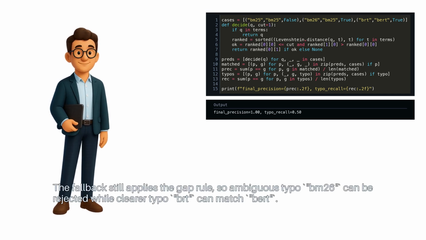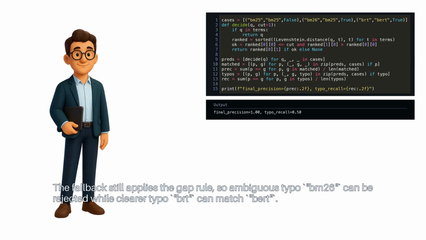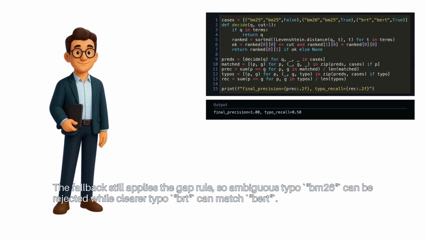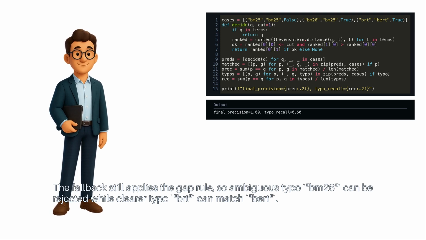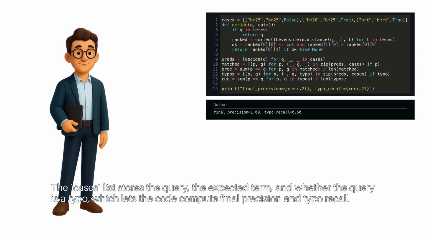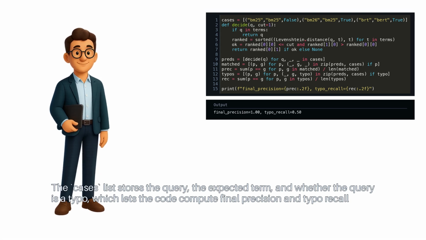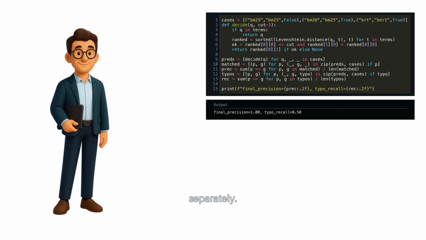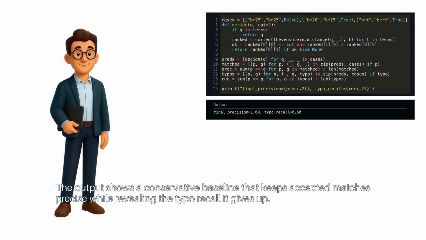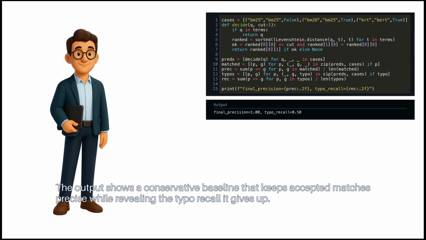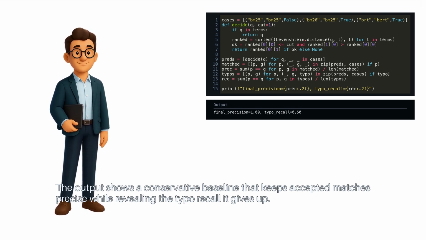The fallback still applies the gap rule, so ambiguous typo BM26 can be rejected, while clearer typo BRT can match BERT. The cases list stores the query, the expected term, and whether the query is a typo, which lets the code compute final precision and typo recall separately. The output shows a conservative baseline that keeps accepted matches precise while revealing the typo recall it gives up.